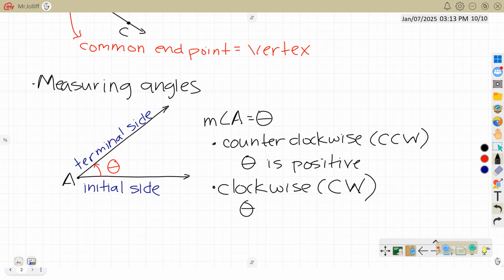Theta would be negative. So if you're reading an angle measure that's given to you, that sign on the number tells you which way they turned. Did they rotate up or did they rotate down? If you're writing an answer, you need to pay attention to which way you turned. Did I go counterclockwise or did I go clockwise?